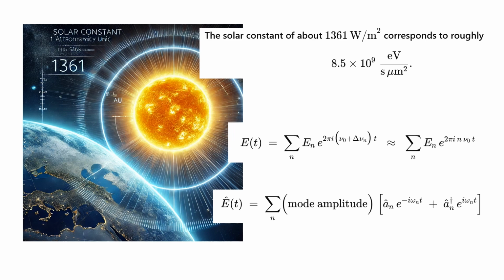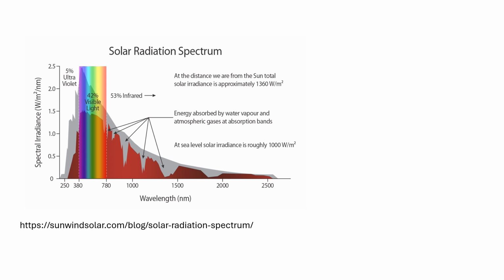Now the number of modes we would need to represent this is proportional to the time bandwidth product of the field. So we'd have to think about what's the spectrum of our illumination on our photodetectors and how long we are going to measure that for. The solar spectrum looks like this.